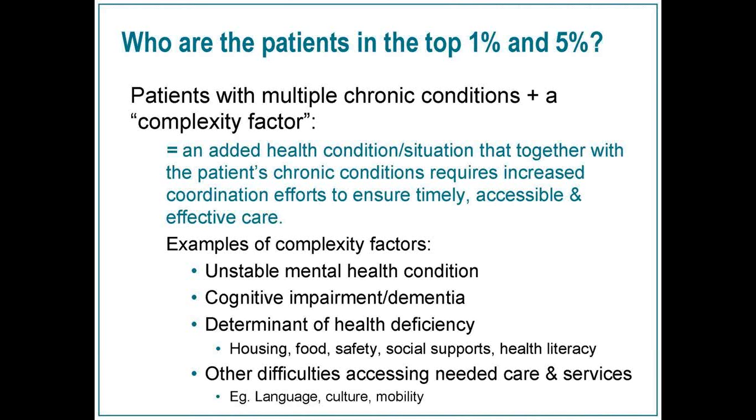So when there's a determinant of health deficiency, such as a problem with housing, access to appropriate food, safety, social supports, and health literacy, these significantly impact the ability to provide coordinated care. And then there are other difficulties accessing needed care and services. Sometimes this is language, culture, mobility, etc.